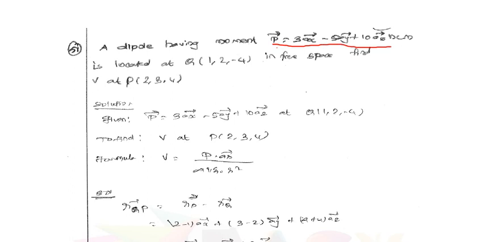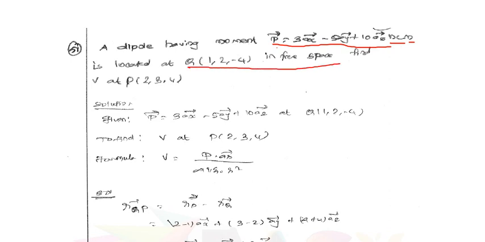That is charge into distance, yes, nanocoulomb meter, is located at Q in free space.